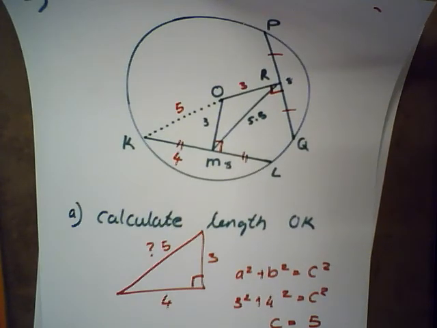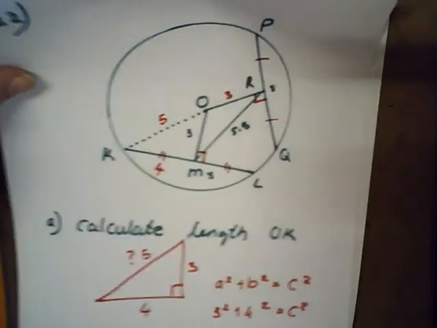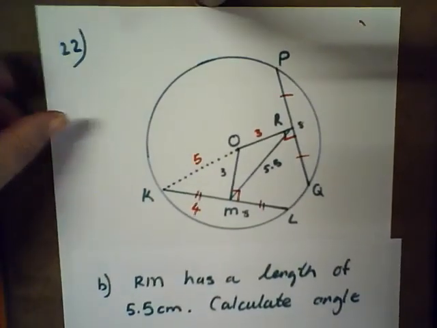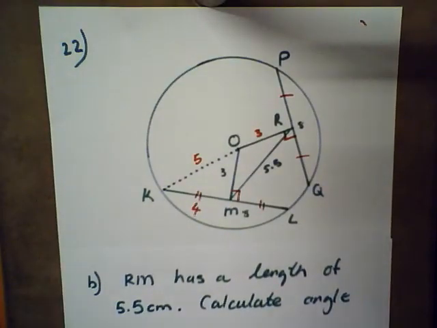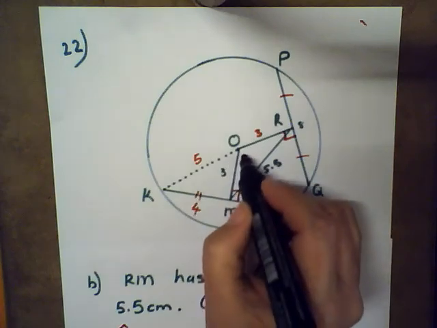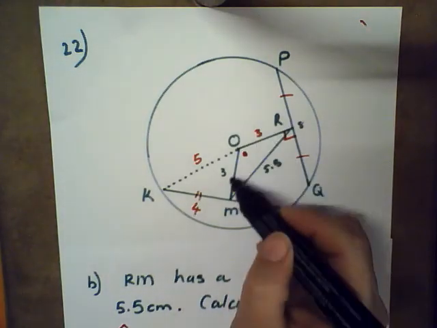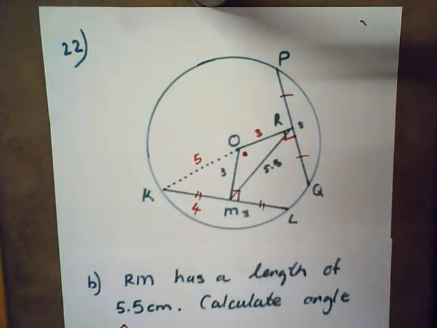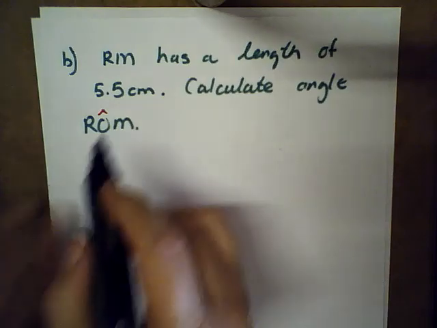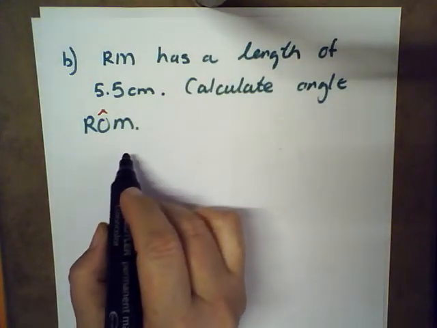Good. Now we have to look at the next question, and they ask us RM has the length of 5.5 centimeters. Calculate the angle ROM. I want to find that angle over there. Now I know that that one is 3, that one is 3, that one is 5.5. I can use my cosine rule.